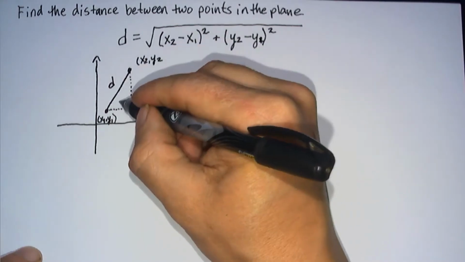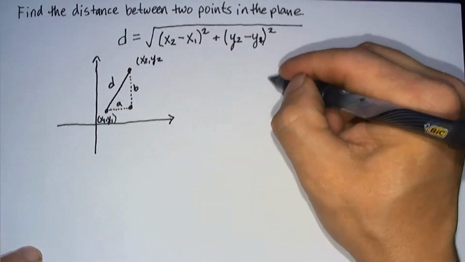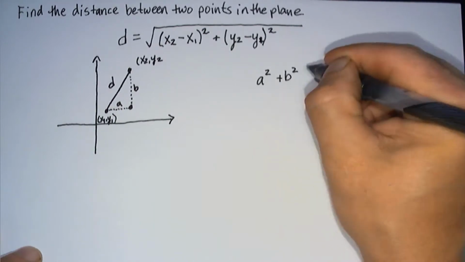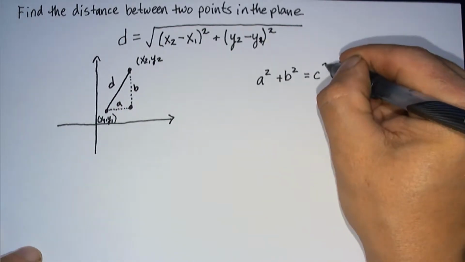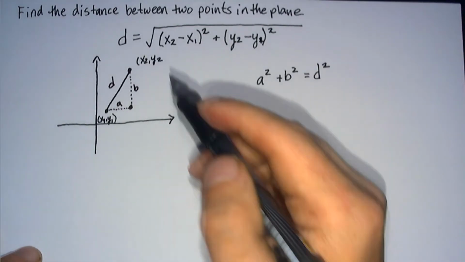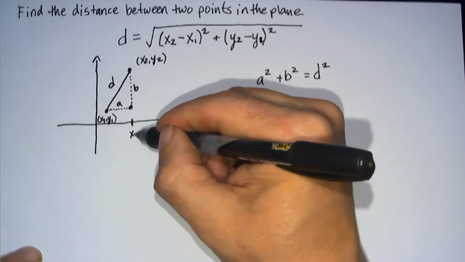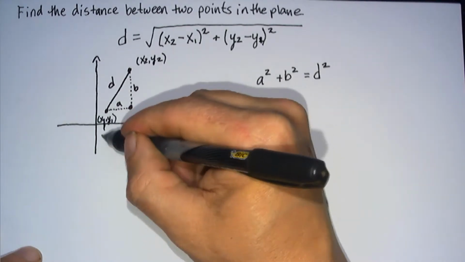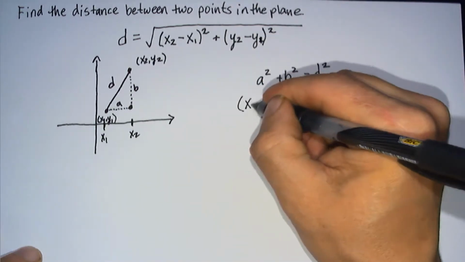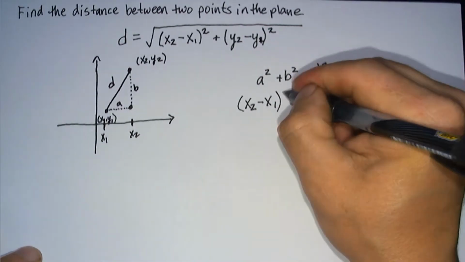And if this is a and this is b, we remember from Pythagoras that a squared plus b squared is equal to c squared. In this case, d squared, because that's the distance. But what is a? How do you find a? Well, if this coordinate is x2 and this coordinate is x1, a is x2 minus x1 squared.